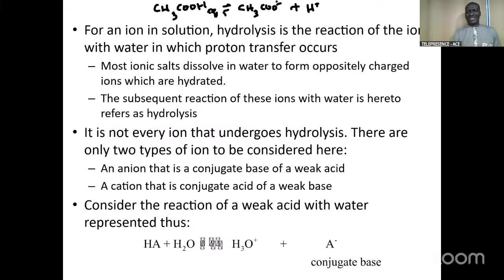Now, this acetate ion will then react with water. Of course, when hydrogen ion reacts with water, it forms hydronium ion, H3O plus, which is more or less a hydrated hydrogen ion.